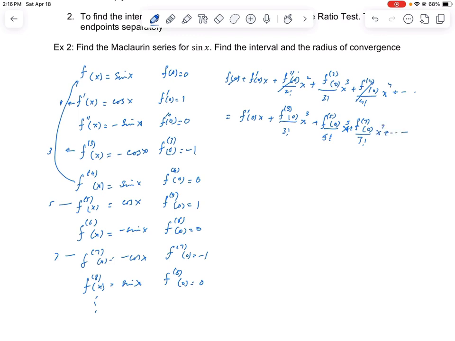When we want to put it in compact form, we have to check. But first let's put in the values. f prime of 0 was 1, so I get x.